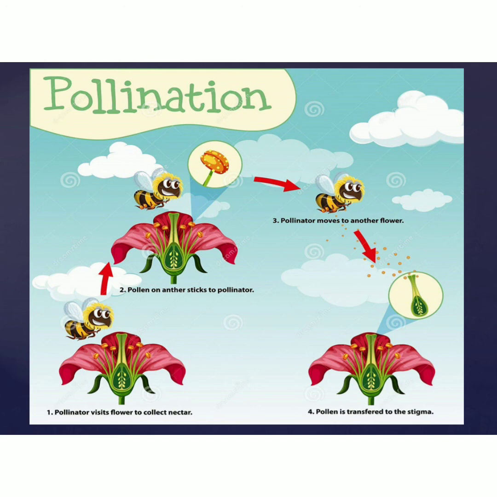Now when the pollinator moves to another flower, it transfers these pollen grains to the stigma. So the entire process of the transfer of pollen grains from the anther of a flower to the stigma of a flower is known as pollination.